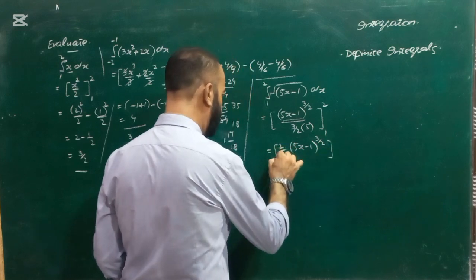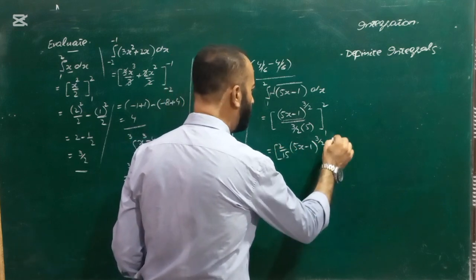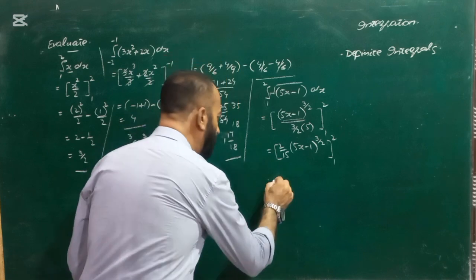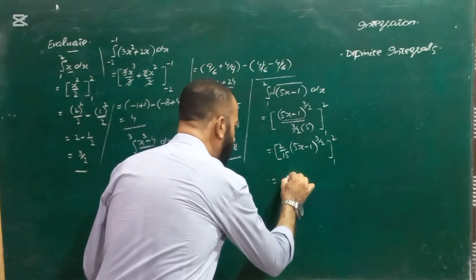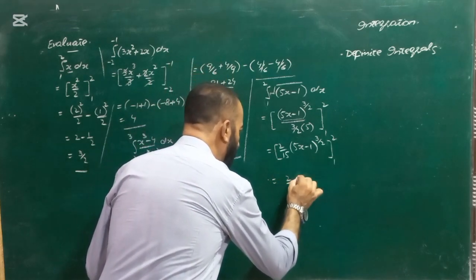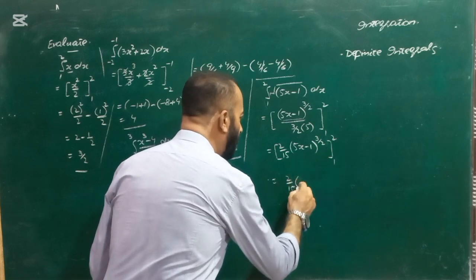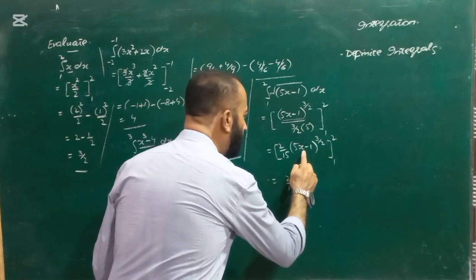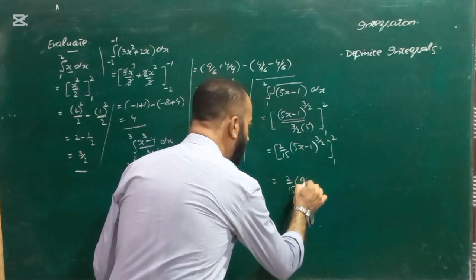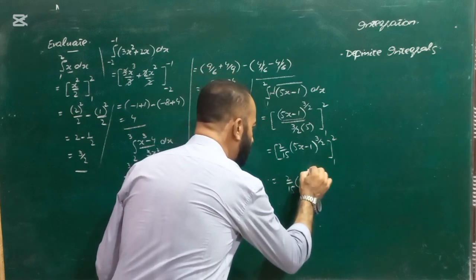The limit is still there, that is 1 to 2. At this step we will apply the limit. So look now, 2 by 15 into, the upper limit is going to be applied. So here 2 will be applied, so 2 5s are 10, minus 1, 9 raised to the power 3 by 2.